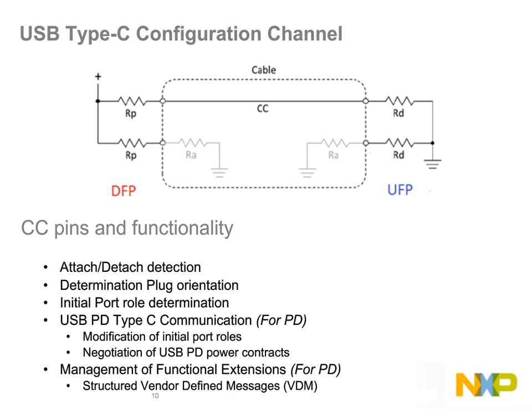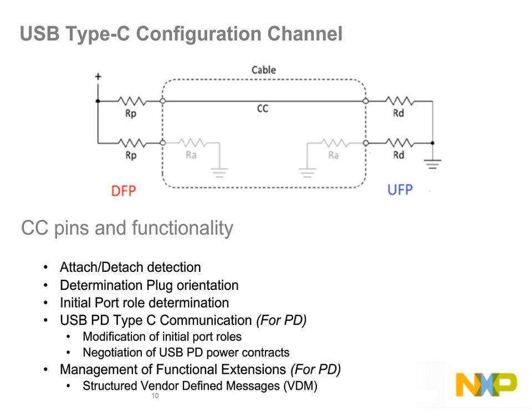Lastly, the CC pins and the spec also allow the ability to send structured messages, so something called VDMs, which is vendor-defined messaging, which means if I'm making my own system and I want to communicate something downstream, which is very specific to my own implementation, and if both devices that I'm connecting are my own devices, then they will be able to understand my own proprietary messages.